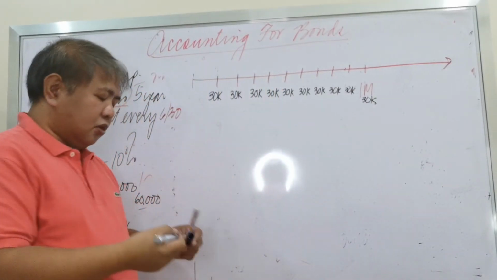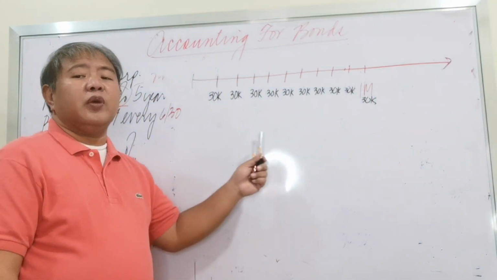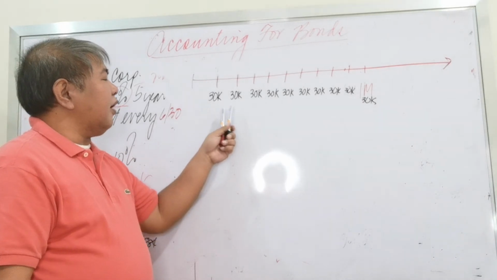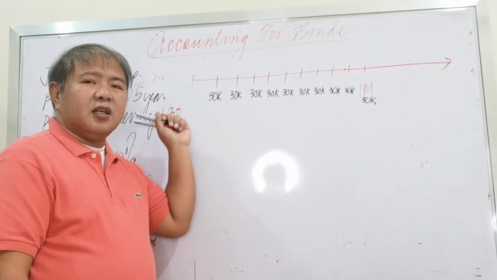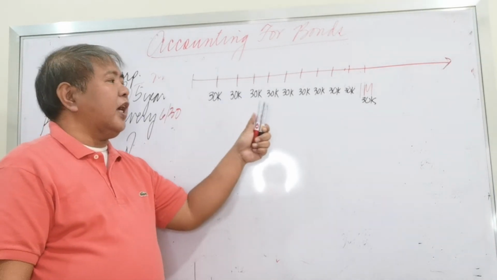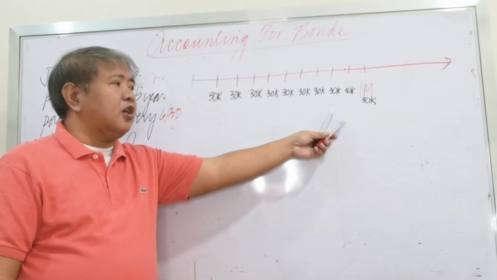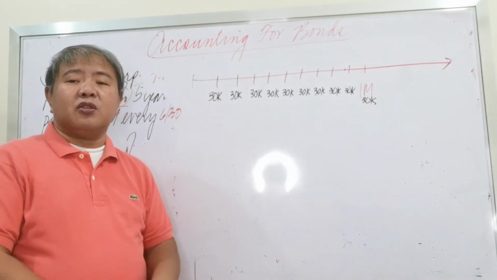Okay, so this is how your timeline will look like. And at the end of the term, which is in the 5th year, he will have to pay the principal amount of the obligation.